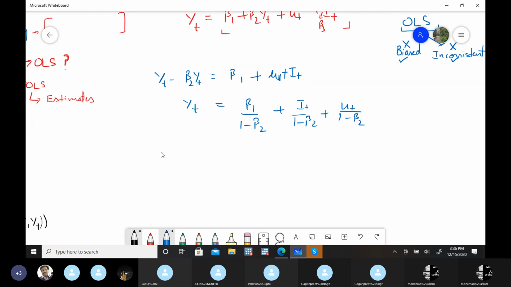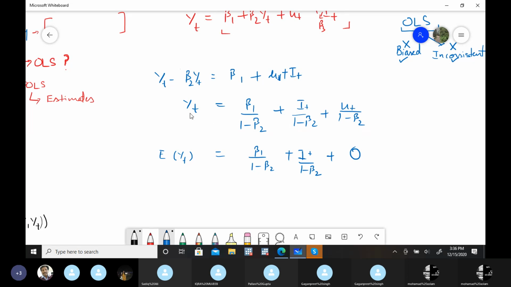Now, if I take expectation on both sides, it will be beta 1 by 1 minus beta 2 plus investment function by 1 minus beta 2. Then if we take expectation of the residual term, this term will be 0 because the average of the residual terms will be 0.